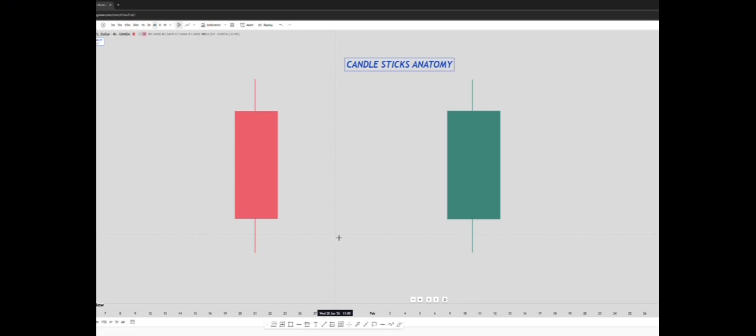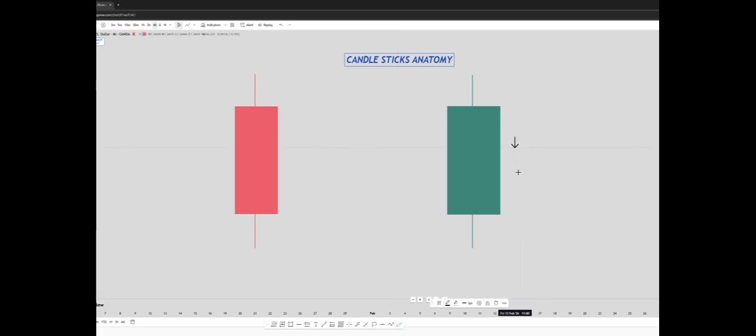If you're to define candlesticks in the simplest form, candlesticks are the storytellers of the market. They tell the story about what the buyers and sellers are doing in the market. That is just it. Now, we have two major types of candlesticks. We have the bullish candlesticks, which are represented by the green candle.